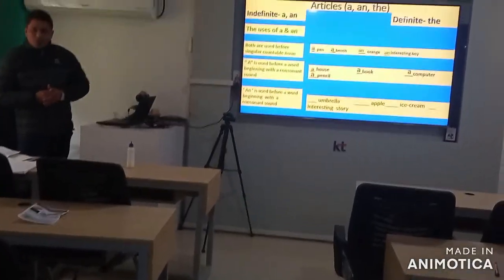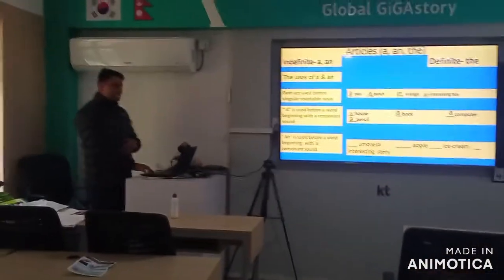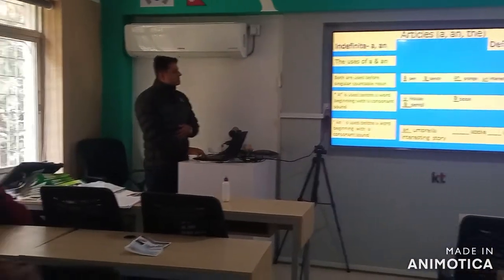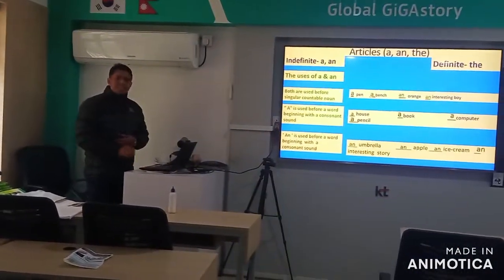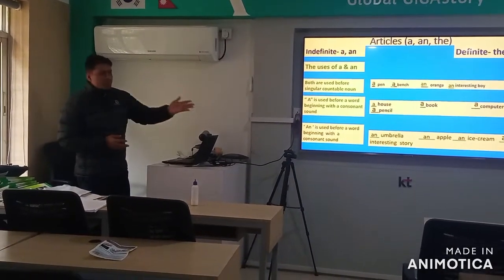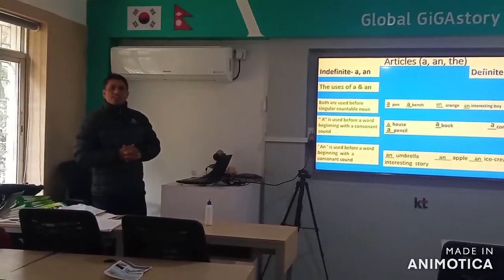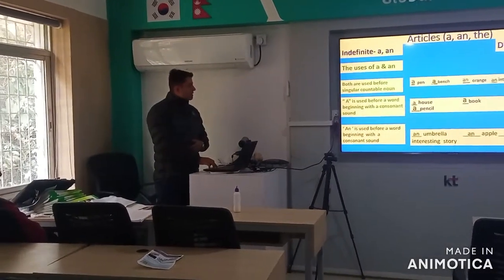Interesting. This is considered a vowel sound. So without any doubt, we have to use then what? An. Singular countable nouns beginning with vowel letters. Please make the correction, this is not consonant, it is vowel letter. So we have to use an. Right? Okay. Now let's move further.